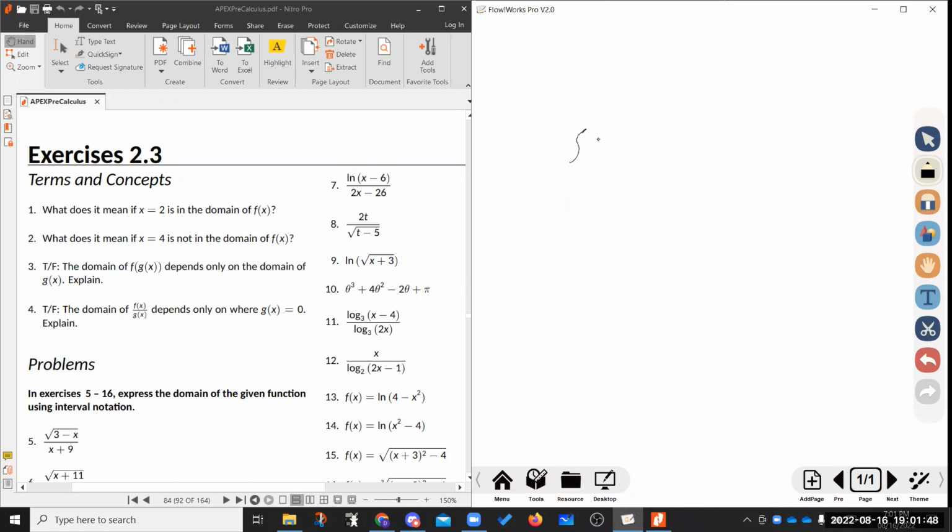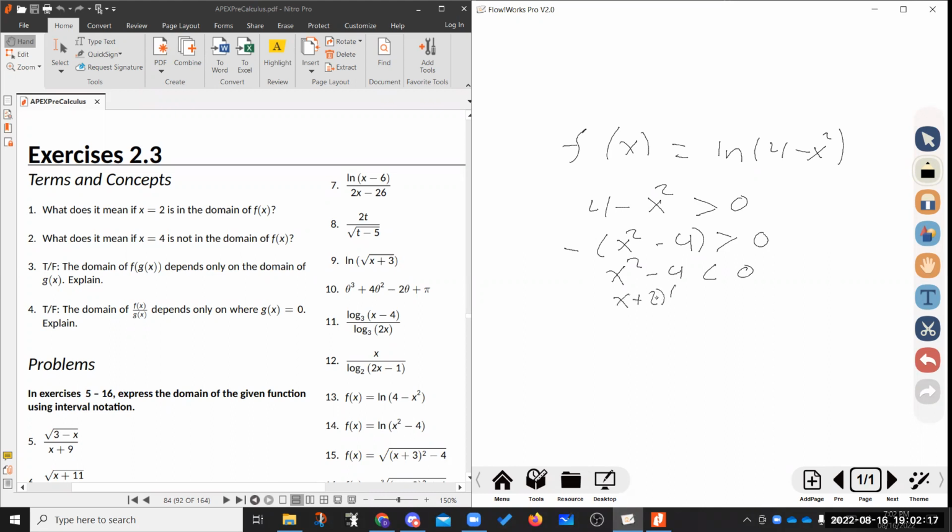Number 13 says f of x is equal to ln of 4 minus x squared. 4 minus x squared has to be greater than 0. We just did these types of inequalities like this. We're going to factor and say this is negative x squared minus 4. It's greater than 0, so x squared minus 4 needs to be less than 0.